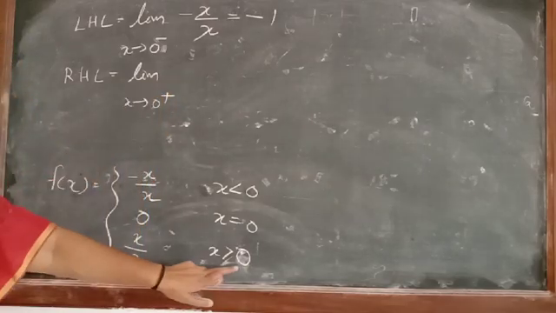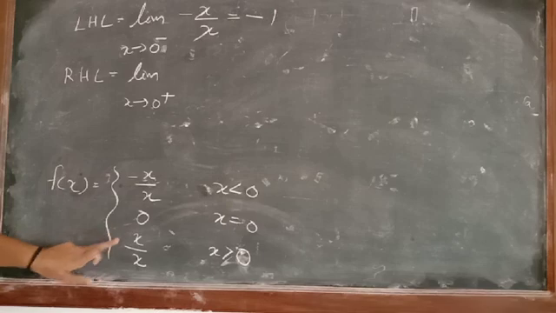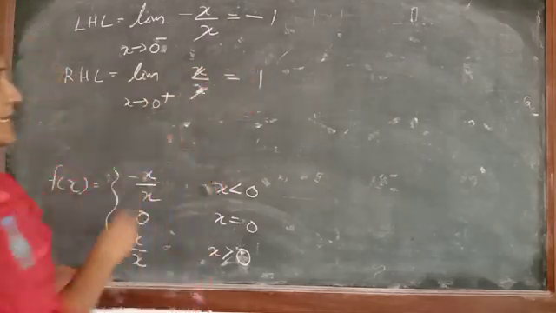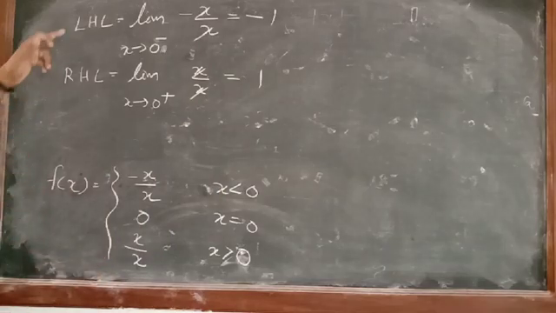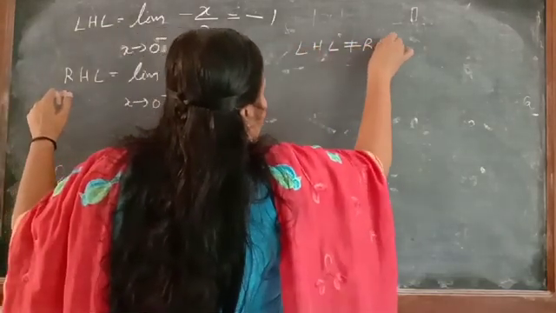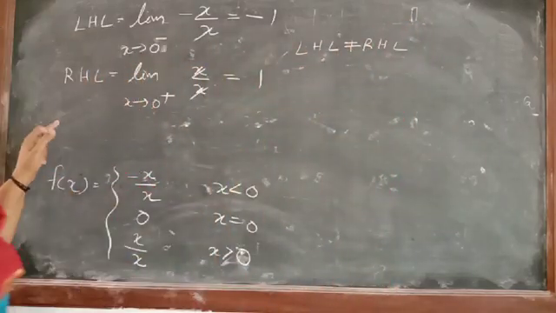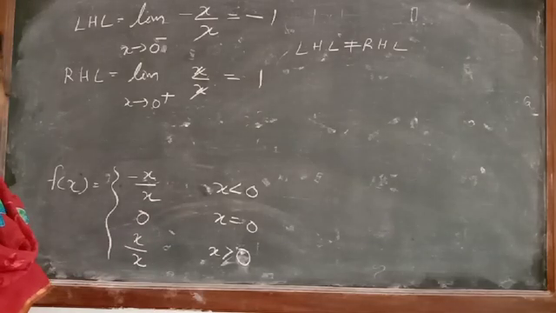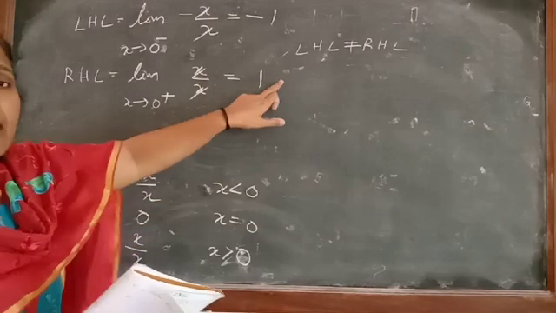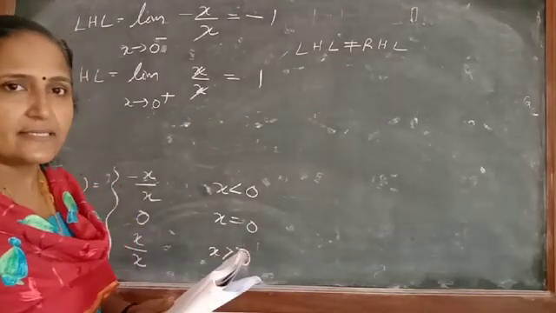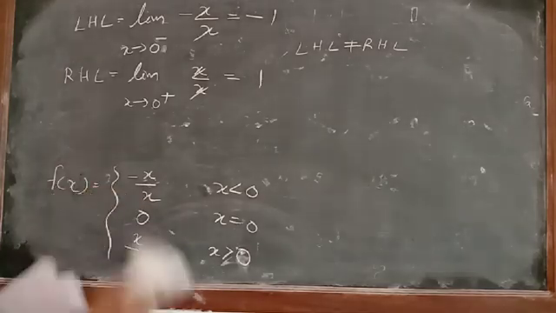For all the values of x which are greater than 0, this is our function, x by x. So x and x will get cancelled, and we will get the answer 1. So what are we getting? Left hand limit is not equal to right hand limit. Therefore, limit x tends to 0 of f of x does not exist. Just to write it down in words: limit x tends to 0, f of x does not exist. Clear? Okay. Now we can take the next question.